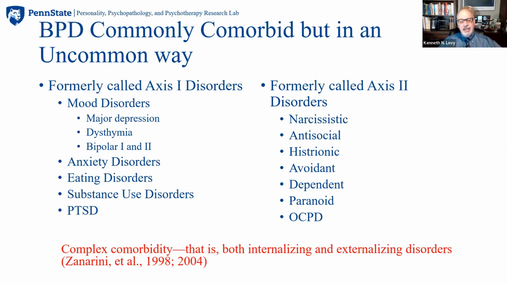It's comorbid with both what are called internalizing and externalizing disorders. Internalizing and externalizing disorders are thought to be orthogonal and unrelated, although in borderline personality disorder you actually see both types of comorbidity, which is an interesting complexity to the disorder.